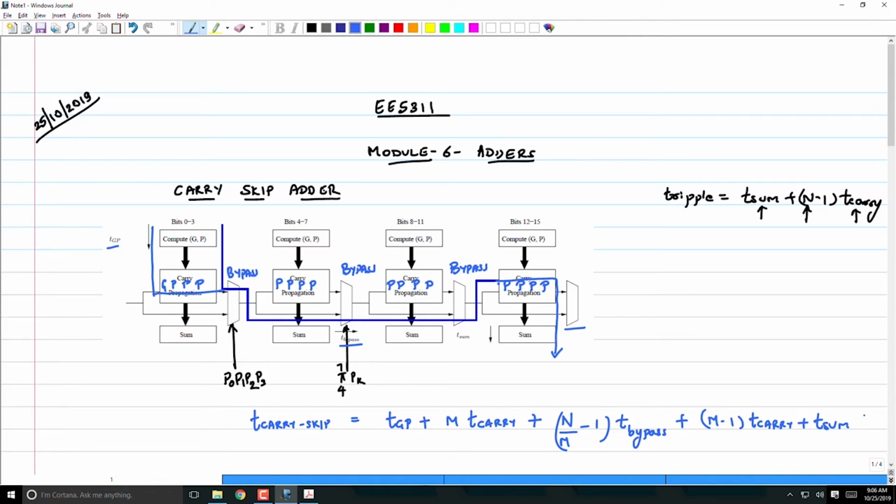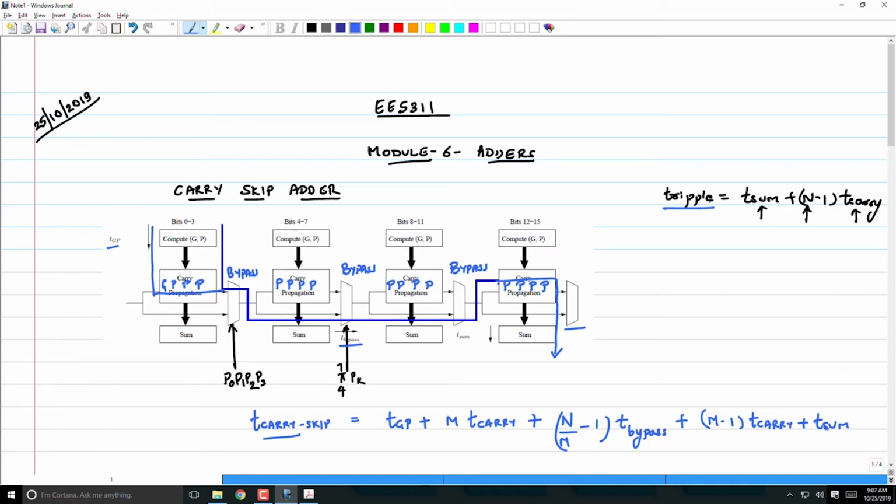So now how does this delay term compare with the ripple adder term? Clearly what we have done is, wherever there was n, we have brought that down to n by m. So clearly there is some saving. But quite obviously, it cannot give you savings if you have very few bits, because now I have actually added a multiplexer in the critical path.